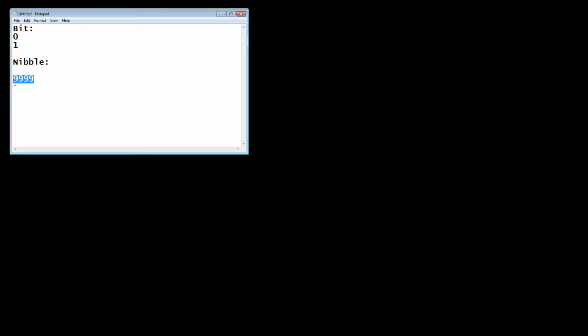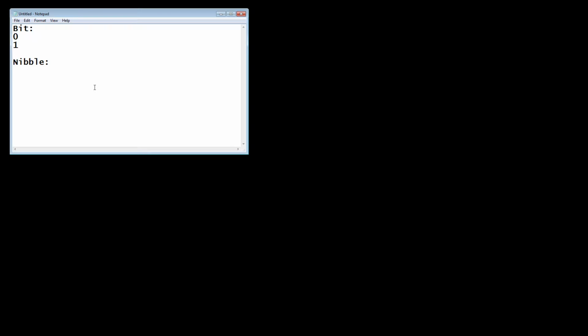In the base 2 system, this can look like this or this or this, any of the possible combinations. And each of these possible combinations indicates a different value.